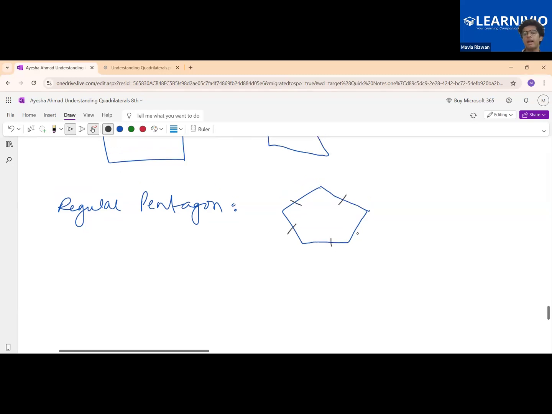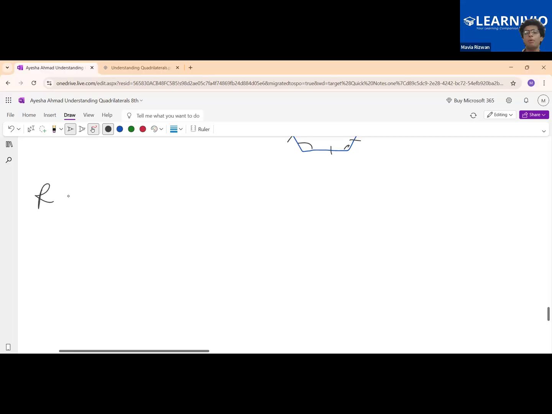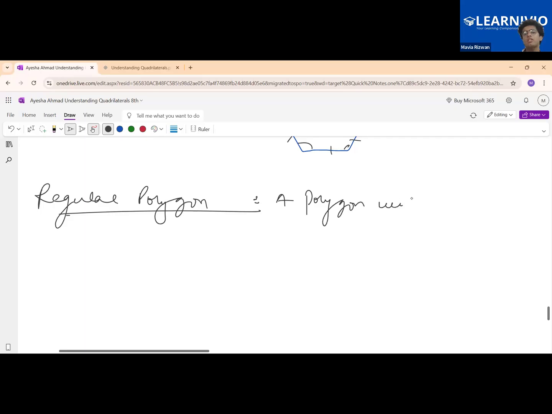All sides and all angles are equal. Okay, so this is a regular pentagon. Generally, a regular polygon is a polygon with all sides equal and all interior angles equal.